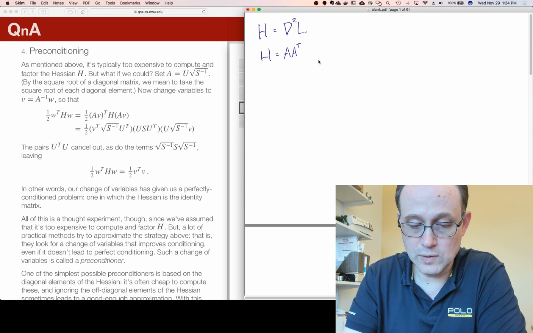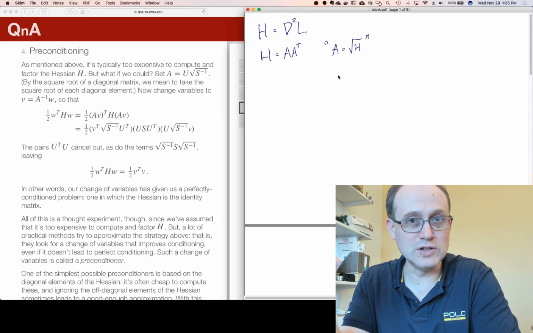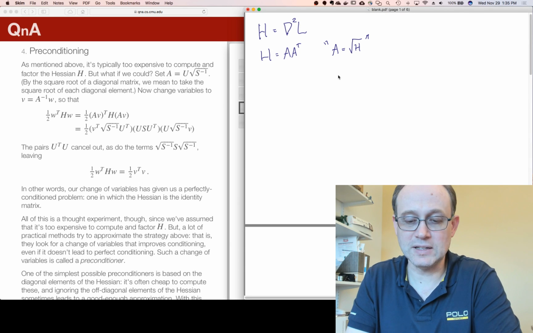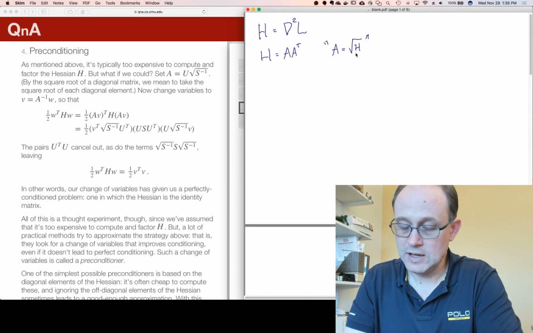Otherwise known as, in quotes, A is equal to the square root of H. That's not the same square root that you're used to with ordinary numbers, but it basically means if you multiply A by itself, you get the second derivative matrix.